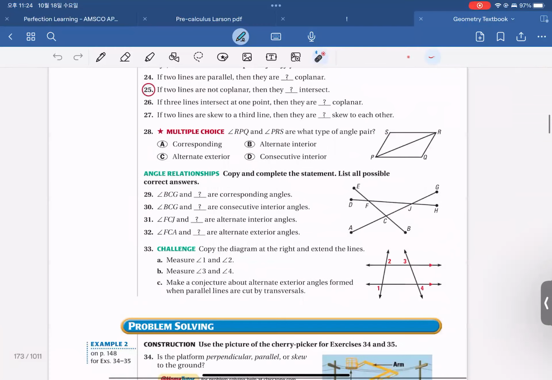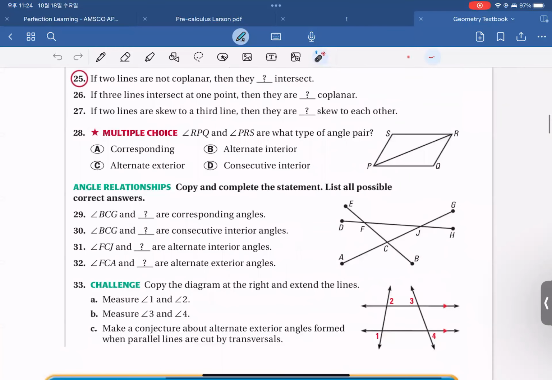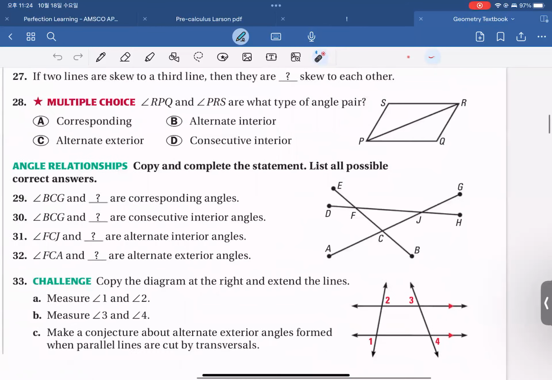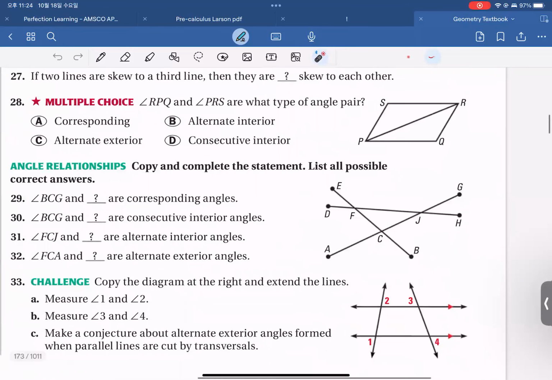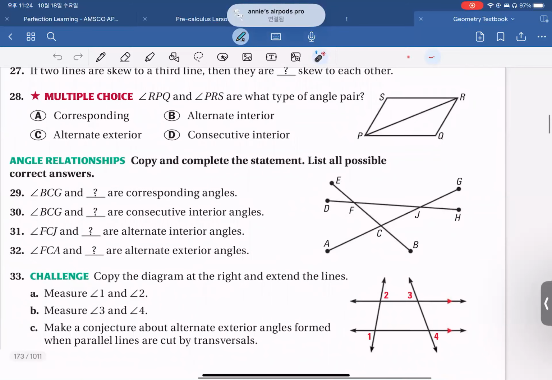So let's look at angle relationships here. Copy and complete the statement. List all possible correct answers. First, angle BCG and blank are corresponding angles. Let's see, where is BCG? BCG is here, right? And we're trying to find a corresponding angle.